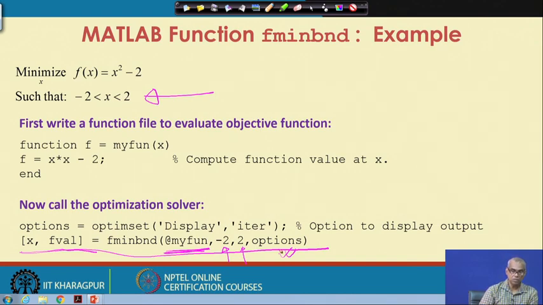You can write these 2 lines on MATLAB command window. Before that, of course, you will create a function file and save this, and then either you can write these 2 lines on the MATLAB's command window, or you can write another script file and write these things, save this and then run.